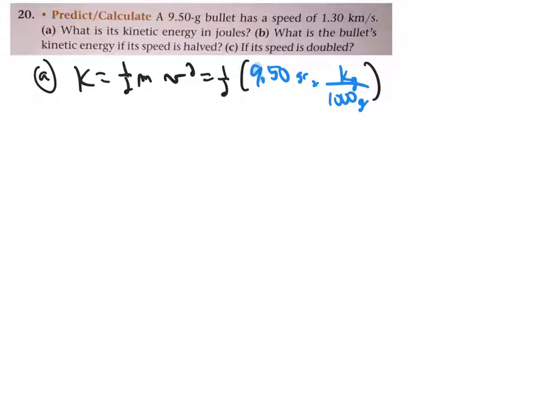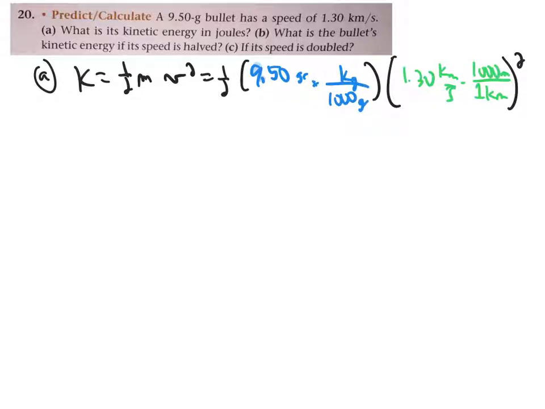And then here I'm going to have 1.30 kilometers per second, and I want meters per second, so every kilometer is 1,000 meters. And I have to remember that in the equation, it's all squared.